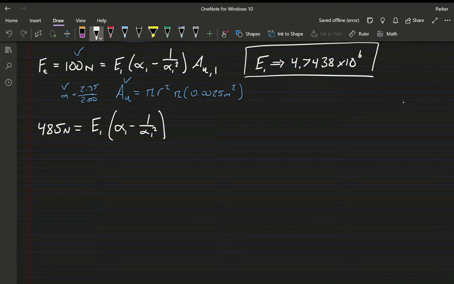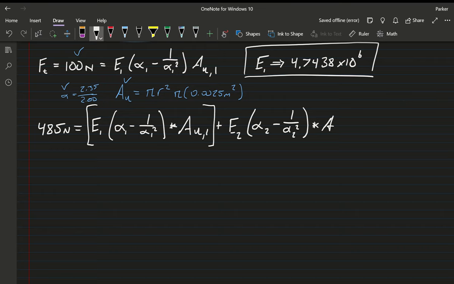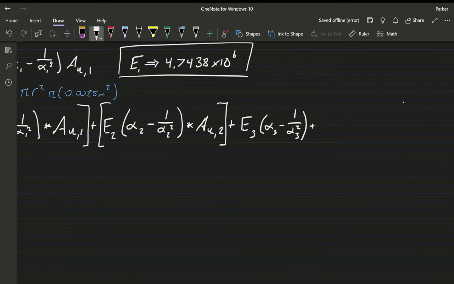Then multiply that by the cross-sectional area of 1, plus E2 times alpha 2 minus 1 over alpha 2 squared times the cross-sectional area of 2, plus E3 times alpha 3 minus 1 over alpha 3 squared, times the cross-sectional area of 3.